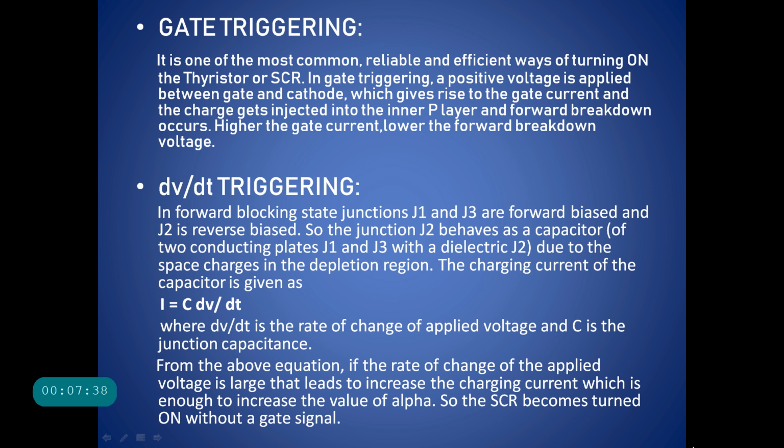The charging current equation of a capacitor is given as I equals C into dV by dt, where dV by dt is the rate of change of applied voltage and C is the junction capacitance. Hence from this equation, if the rate of change of applied voltage is larger, this leads to an increase in the charging current, which is enough to increase the value of alpha. Hence the SCR becomes turned on even without using a gate signal.